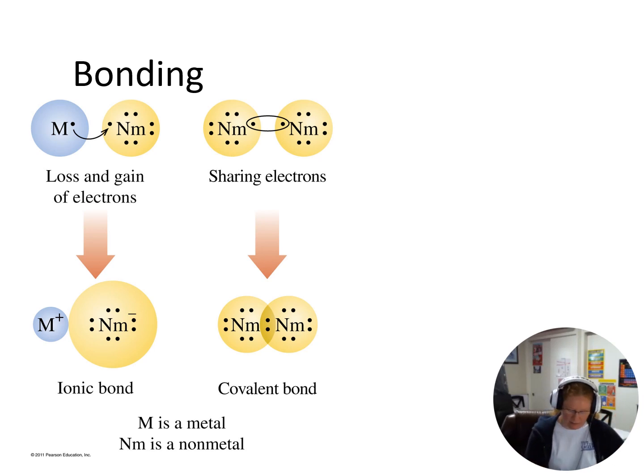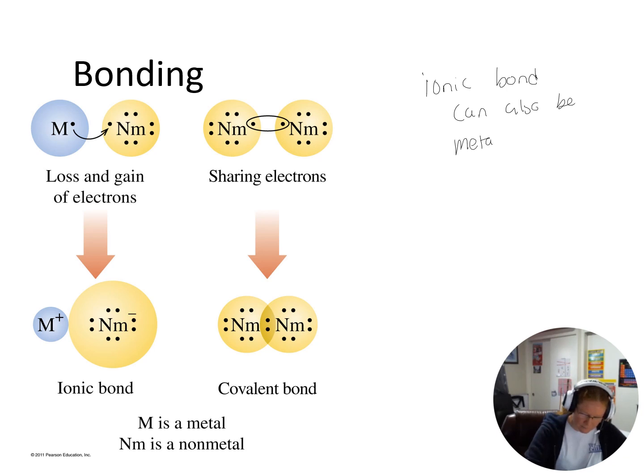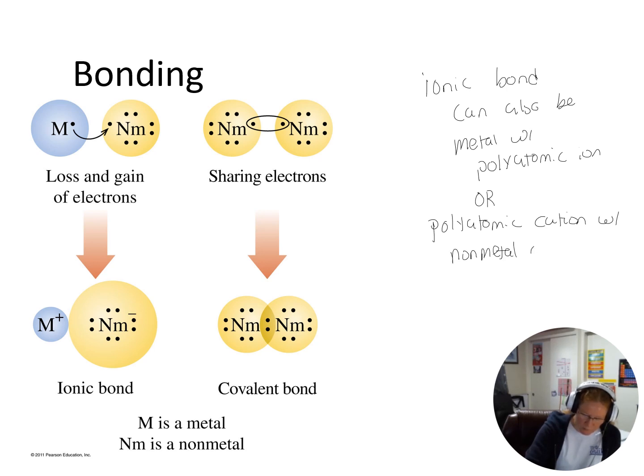So our ionic bond can also be a metal with a polyatomic ion, or there are a few rare cases of this, but a few of these compounds exist, a polyatomic cation with a nonmetal, or another polyatomic ion.